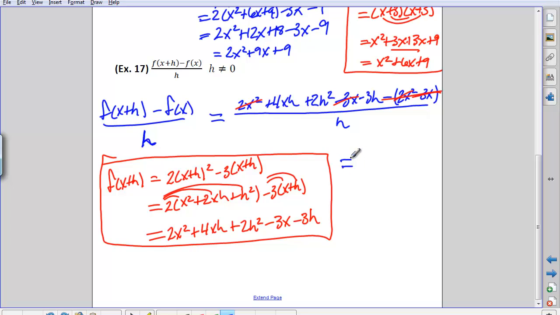So if I bring this down, I've got a 4xh plus 2h squared minus 3h divided by h. And if you'll notice, that numerator, all of those terms have h's, so I can actually factor out an h.